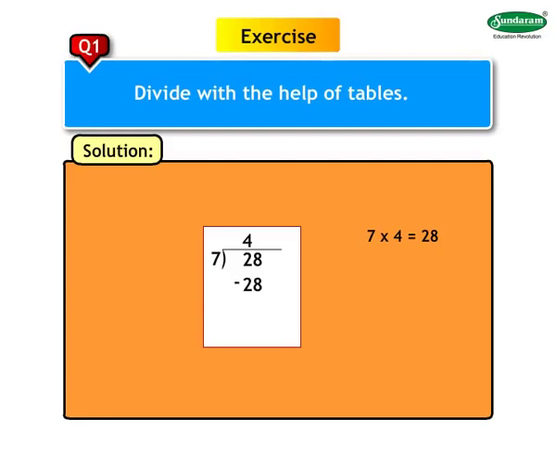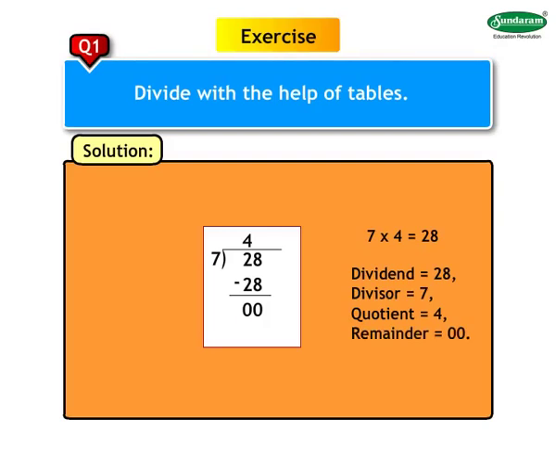Now, subtract the product 28 from the dividend 28, as 28 minus 28 is equal to 0. Therefore, 0 becomes our remainder. Thus here, our dividend is 28, divisor is 7, quotient is 4, and remainder is 0.